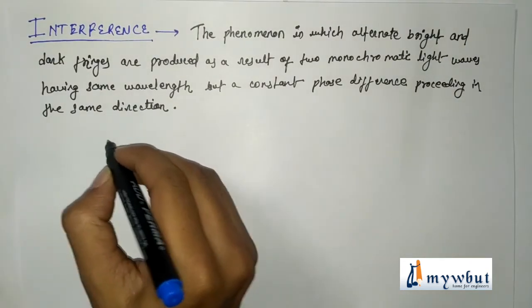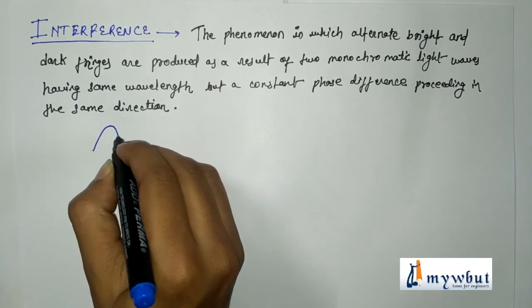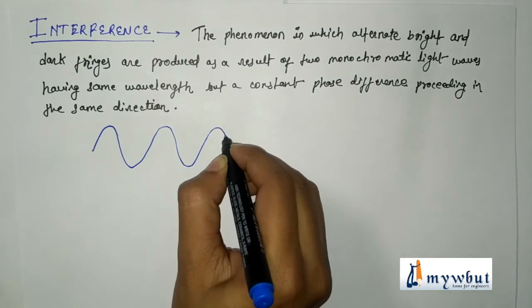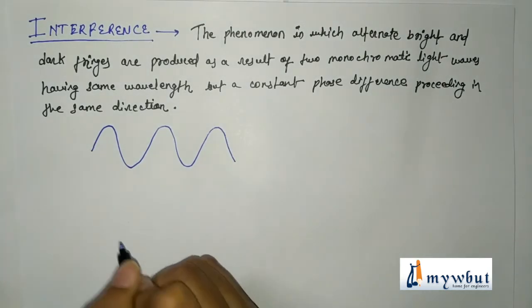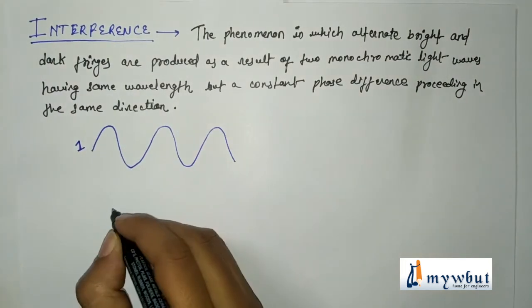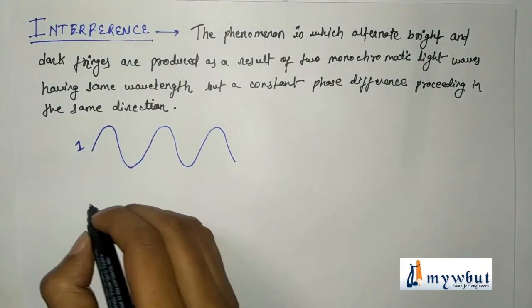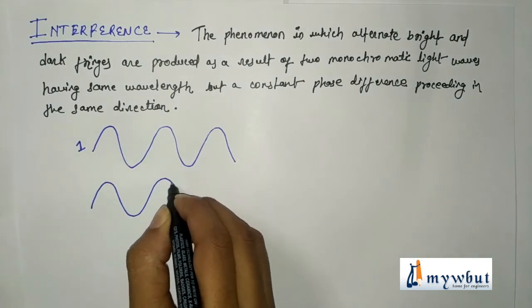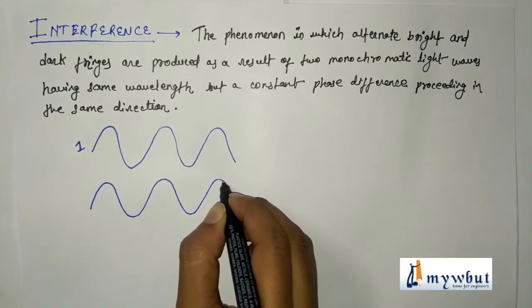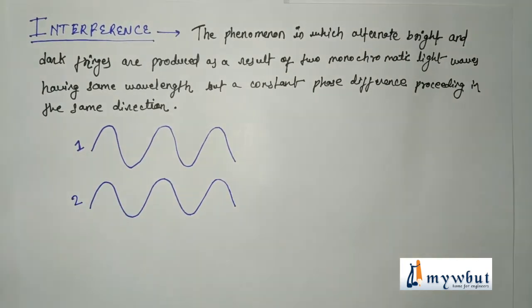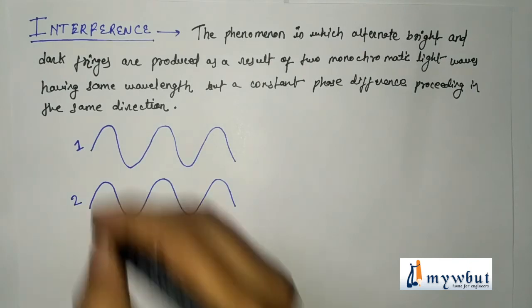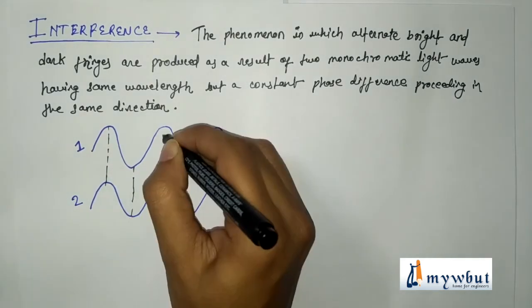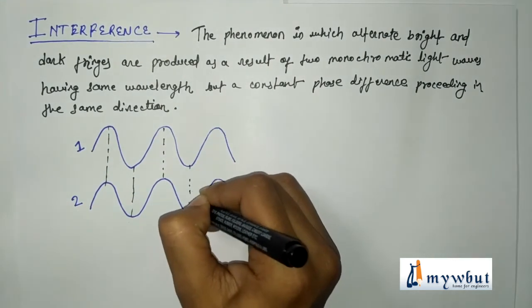If two waves, or you can say two sine waves, for example, if it is like this and it is wave 1, and the second wave comes like this, is in phase, this is the second wave.